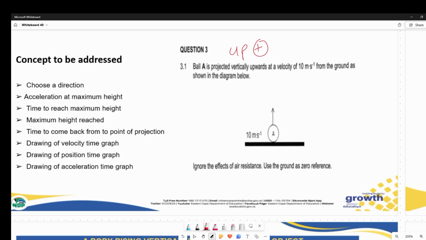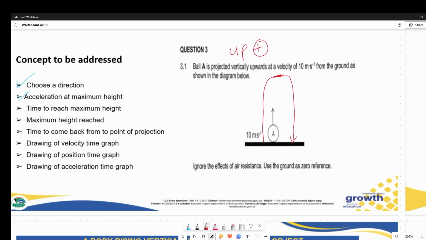Okay, so now if we took up as positive, we are done with this one. Then let's look at the acceleration at maximum height. As you know, this ball is going to go upwards until it reaches the maximum height, then it goes downwards from the same point it was projected.